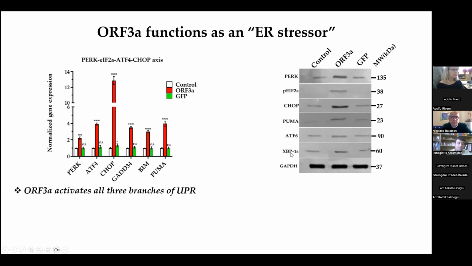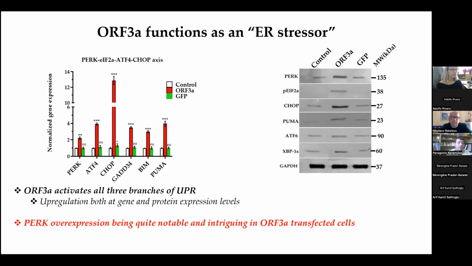So ORF3A can activate all three branches of the UPR, but there was a notable overexpression of PERK in the ORF3A group. We also studied some executioners of these pathways, such as phosphorylated eukaryotic initiation factor and CHOP, which were also upregulated.